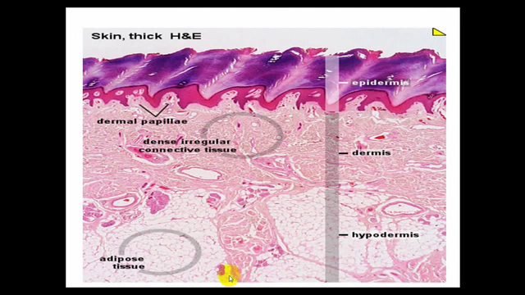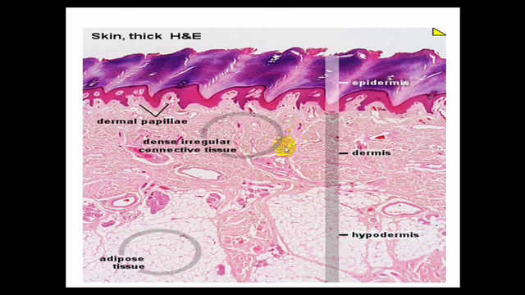Okay, now we come to the glands of the skin. These include sweat glands, sebaceous glands, and mammary glands. The mammary glands we will discuss when we take the reproductive system, inshallah, in the last lectures.